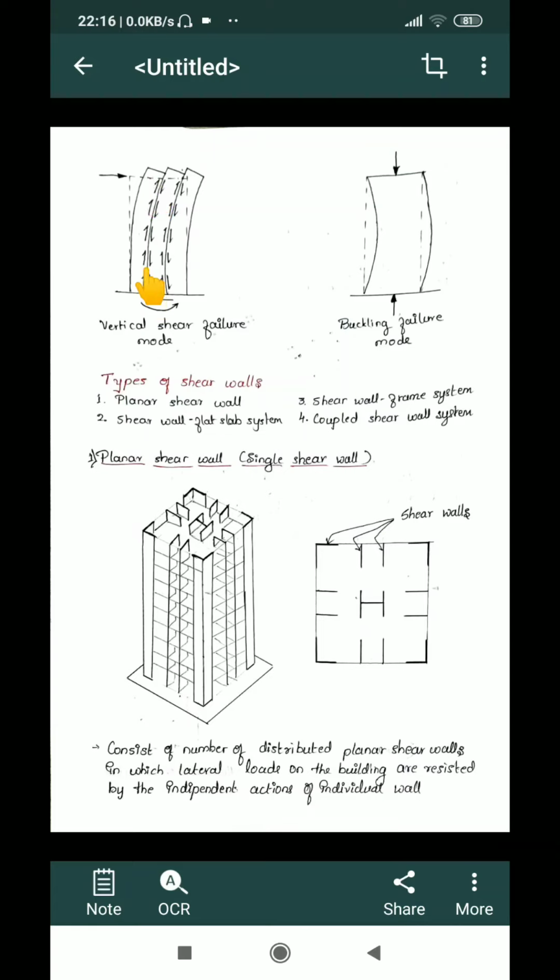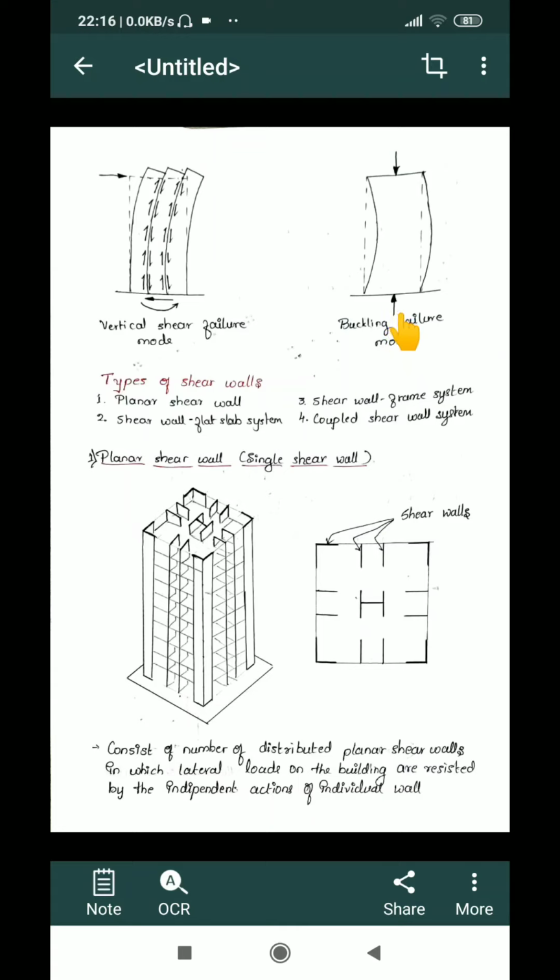In this mode, shear forces will occur along the vertical axis of the building, and the wall will fail as vertical segments. Then apart from these three types of modes, there might be a failure of a shear wall because of buckling.